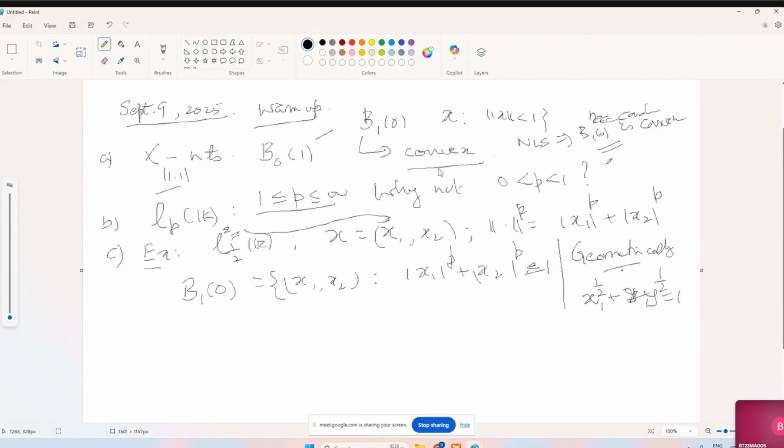Earlier we had seen in the case of 2, x1 squared plus x2 squared equal to 1. That was a circle, right? I want to see this ball here in L half. So let me take x positive and y positive so that you don't get into the square root sign issue. What do you think this curve is?